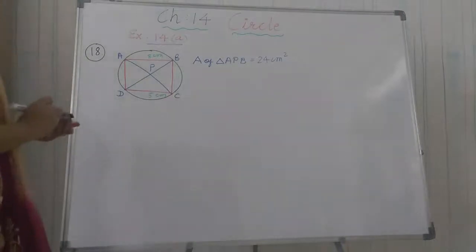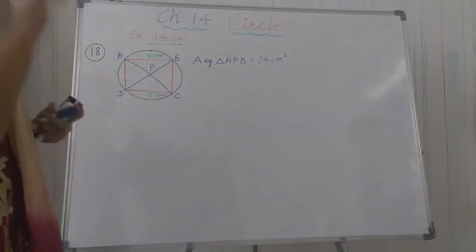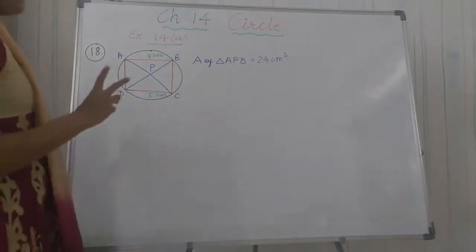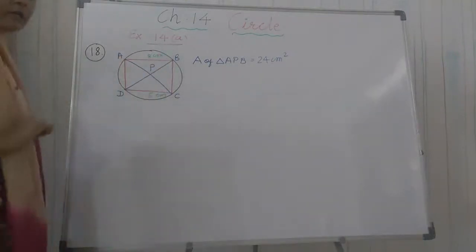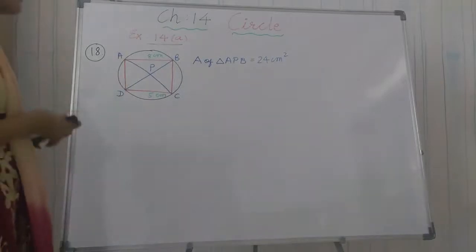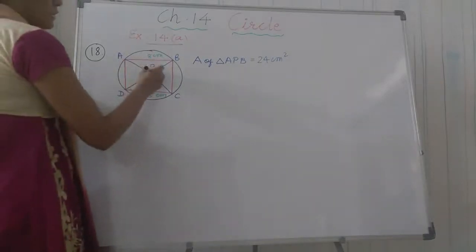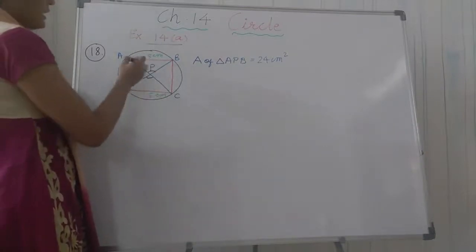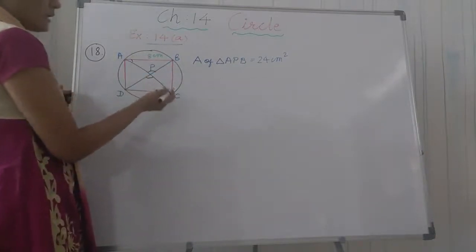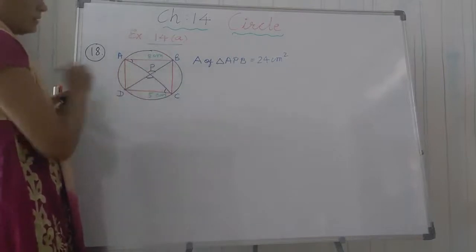For this, students, we need to use our chapter on similarity. First of all, I will show APB and CPD are similar triangles. For that, you see that these are vertically opposite angles, so they are equal. Also AB is parallel to CD, so these two angles are equal as they form alternate angles.